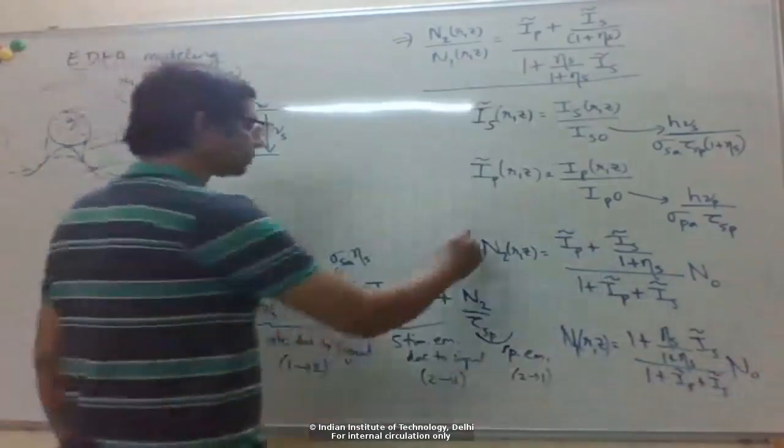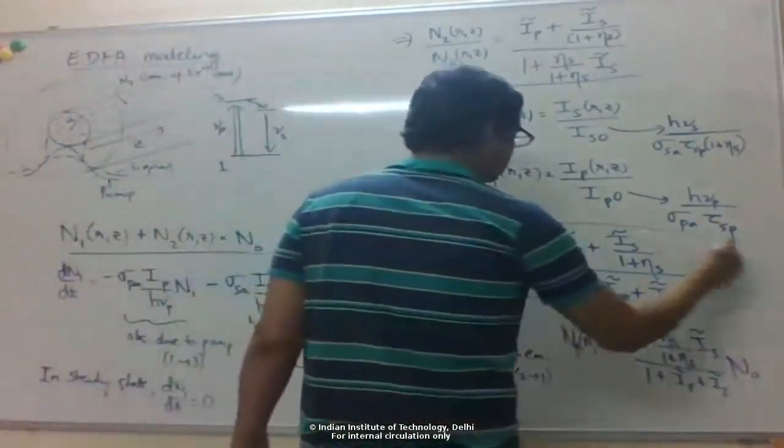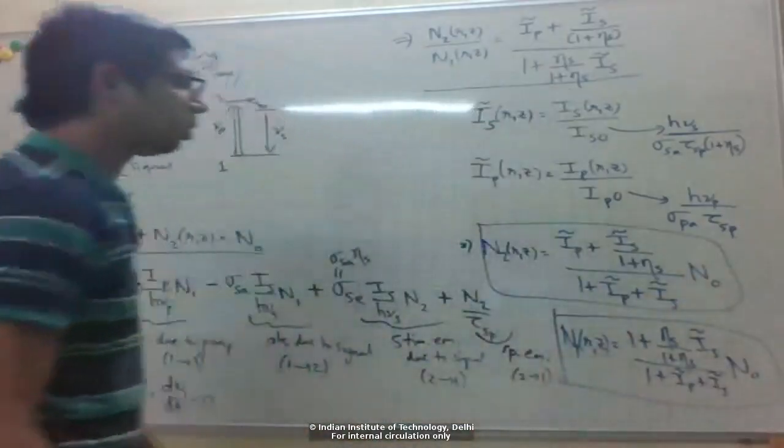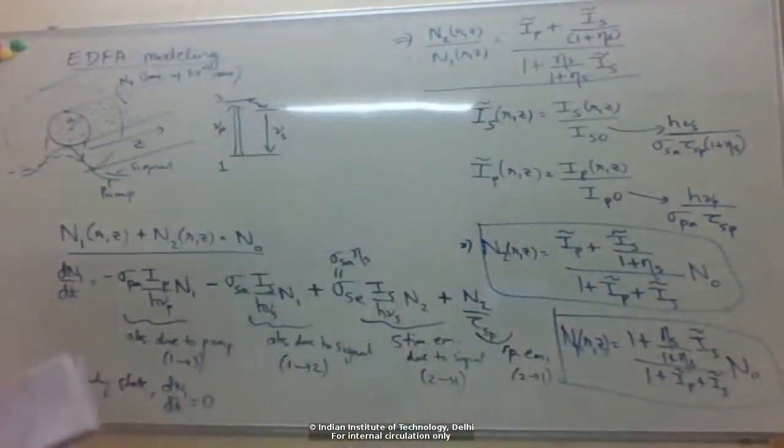Okay, so we get these. Expression for the steady state population distributions.